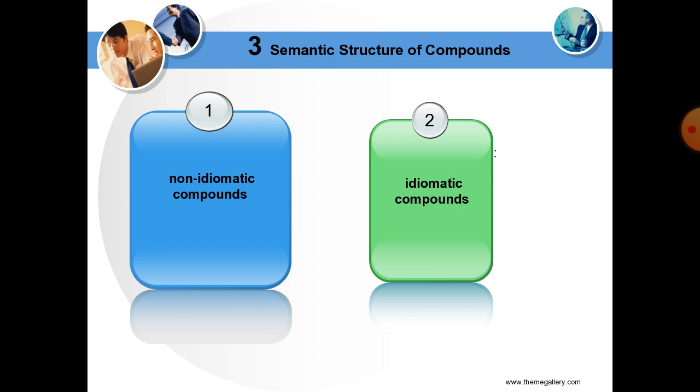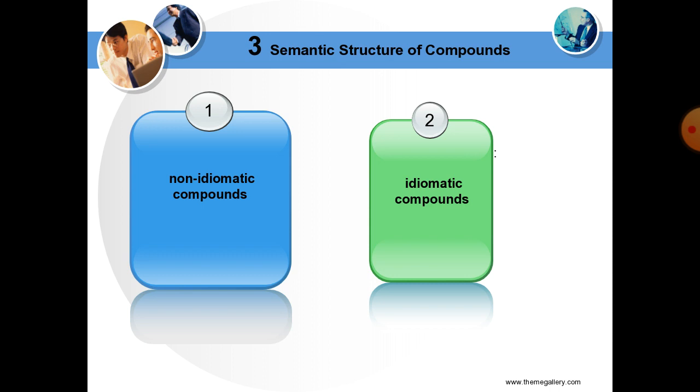The first group of compounds represents meanings which can be described as the sum of their constituent meanings. It means that these compounds have changes in their meanings, and it is easy to guess.